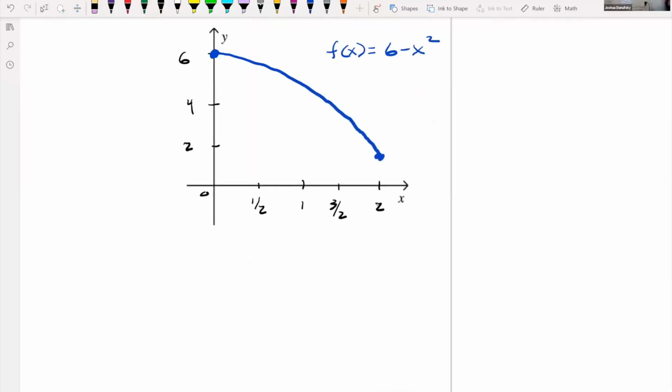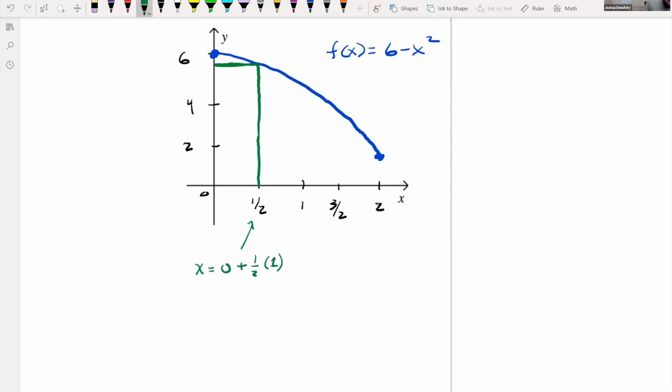If we look at our first rectangle, the right endpoint of our first interval is going to be at a half. We bring that straight up to our function. And there is our first rectangle. Okay, so what did we do? We got at this x value by starting at 0 and adding delta x once.